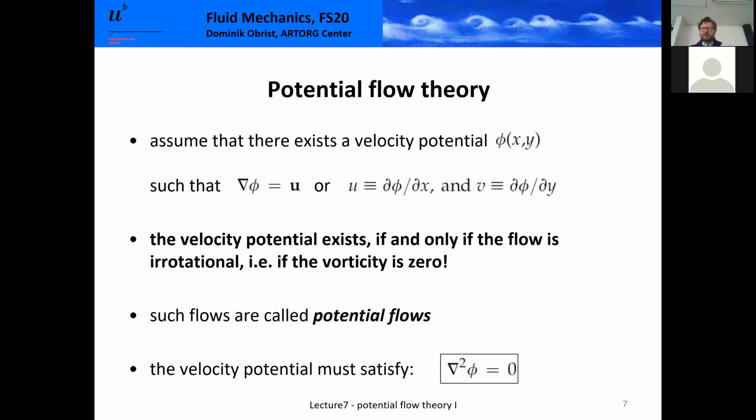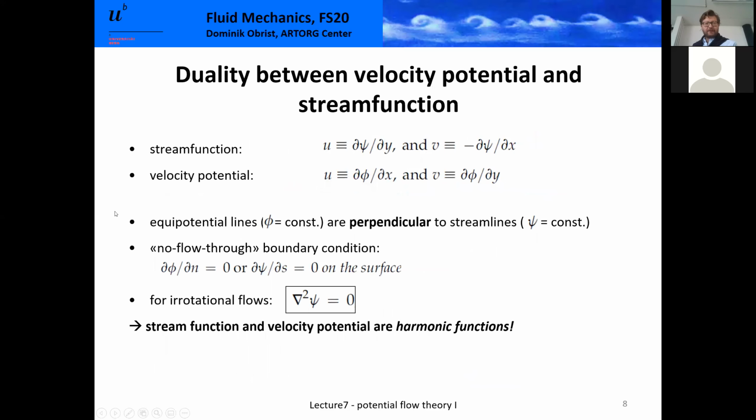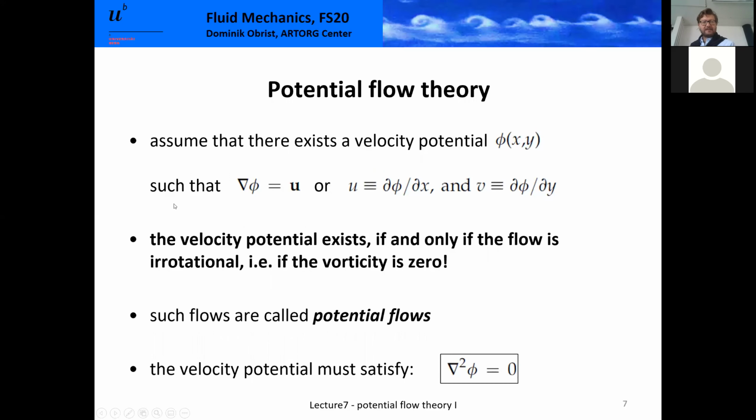But when we introduced the potential, and last week we showed that potential can be introduced if the flow is irrotational, if vorticity is zero. So if we introduce this potential, we have the simple relation that the gradient of the potential is equal to the velocity vector.